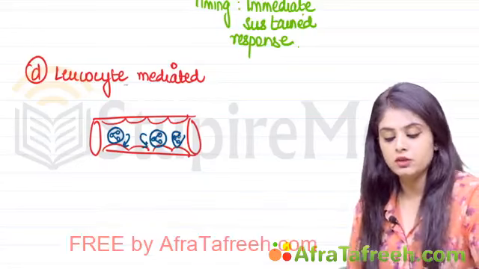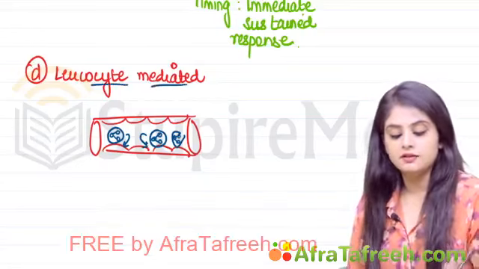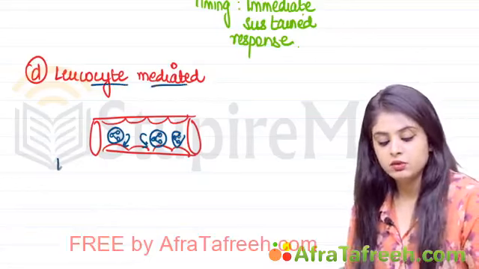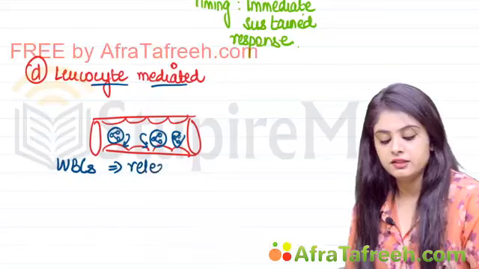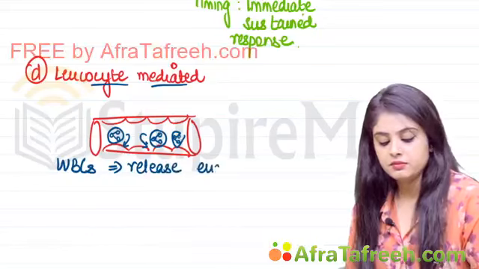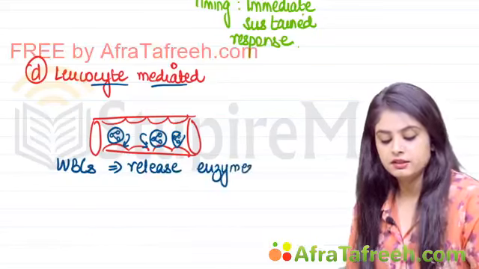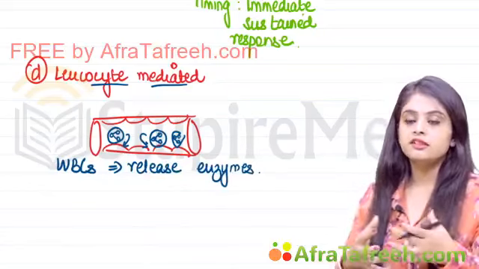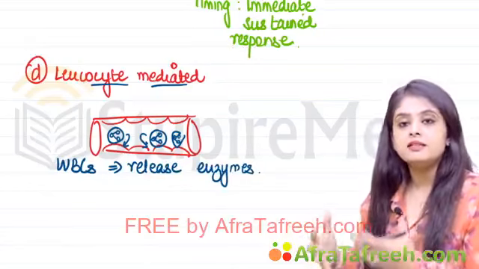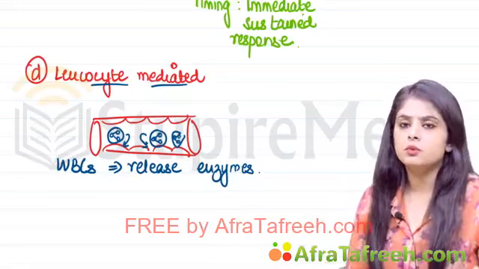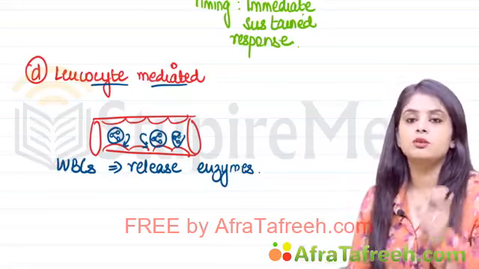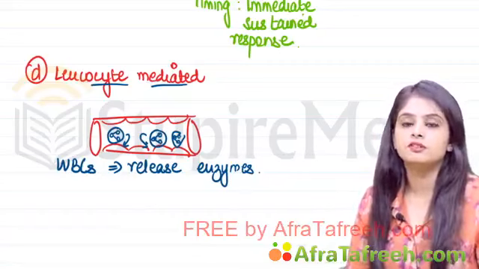So what are we calling it? Leukocyte mediated. Why? Because these leukocytes or white blood cells are going to release certain enzymes. So the leukocytes come and they release enzymes, and these enzymes then kill the endothelial cells. A simple mechanism to remember just from the name, leukocyte-mediated response.